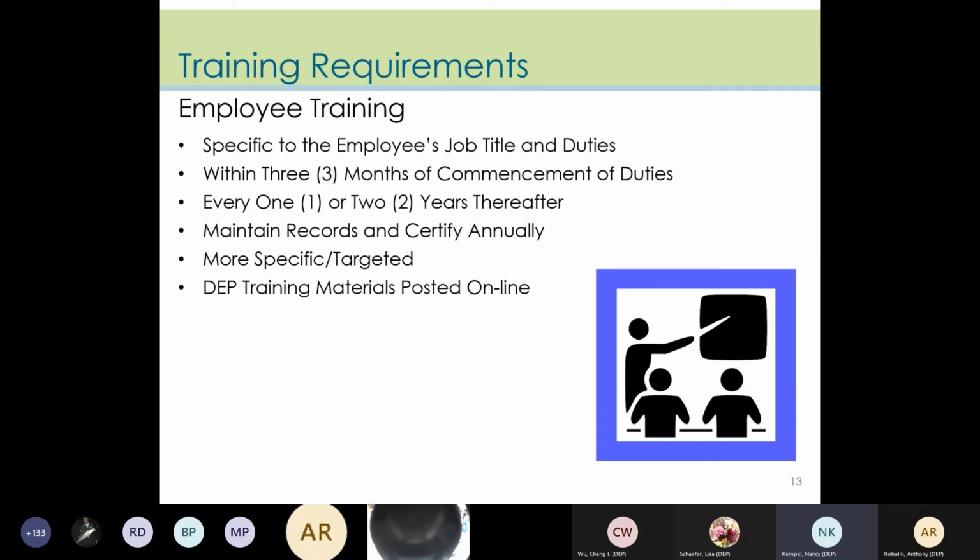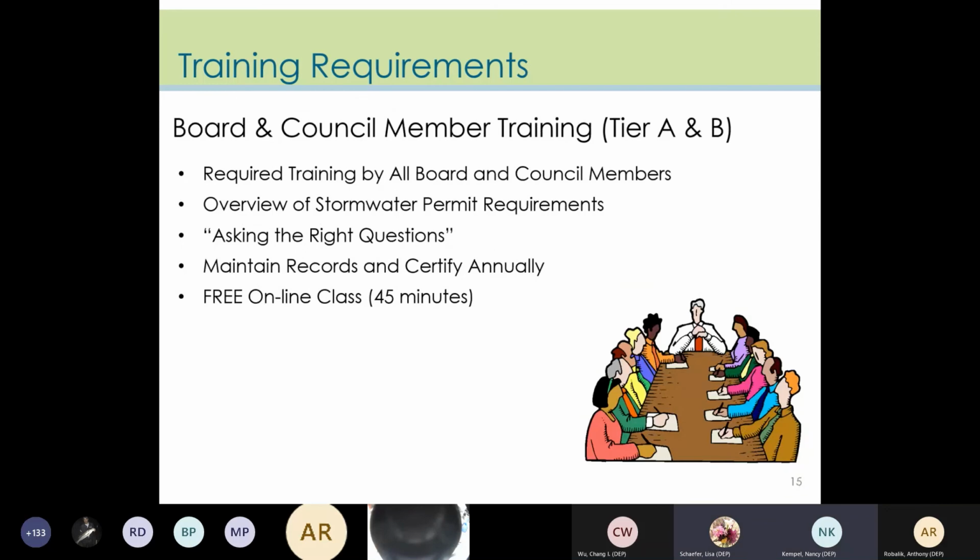It's not an option to do it once every 1 or 2 years at your discretion. The records of the employees being trained need to be kept, and the permittees need to certify annually. Okay. And DEP training materials are posted on our website.